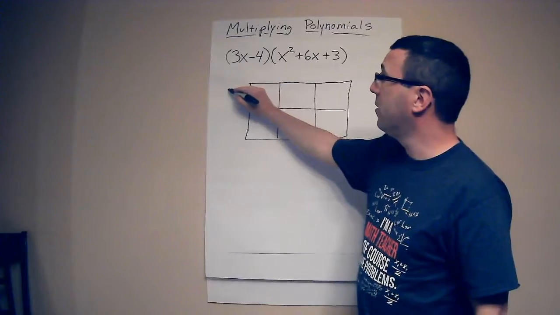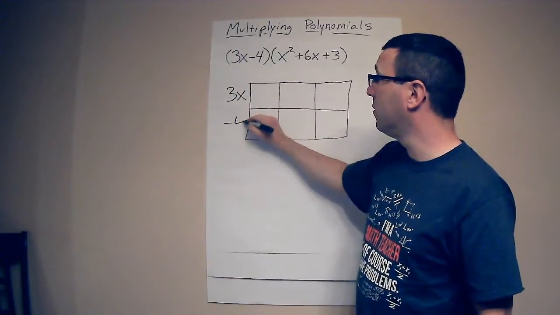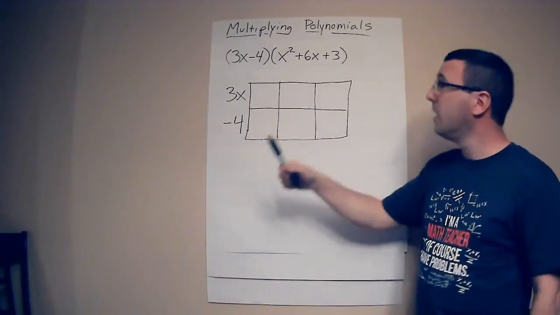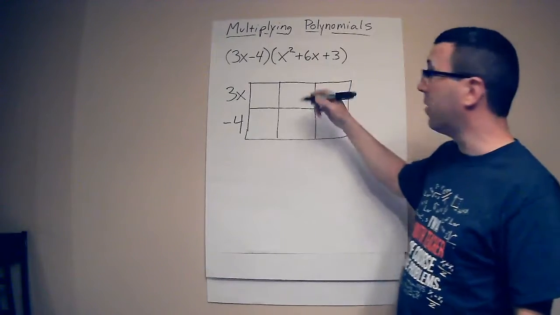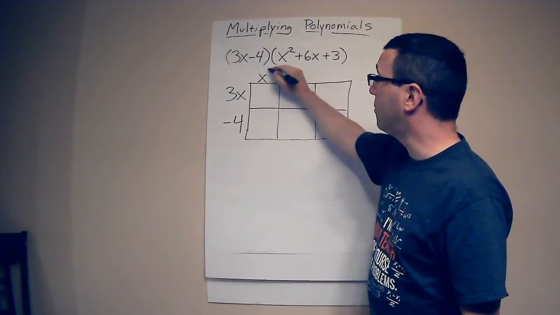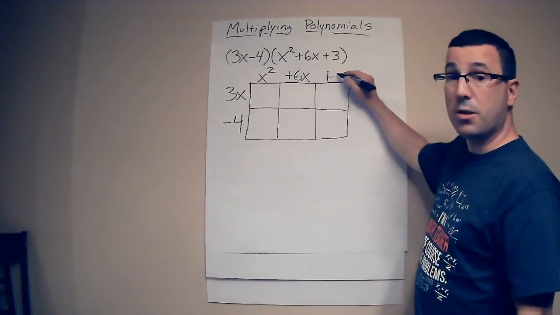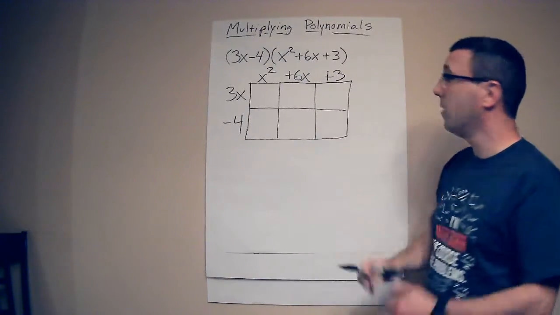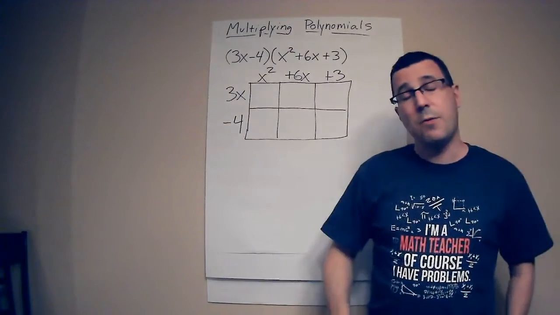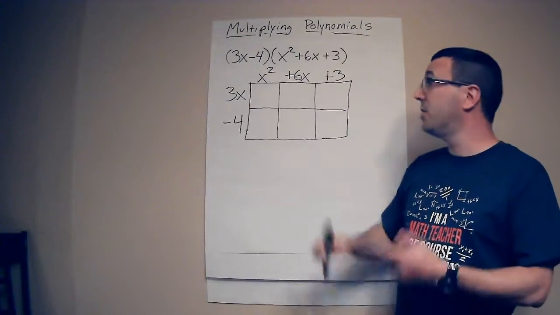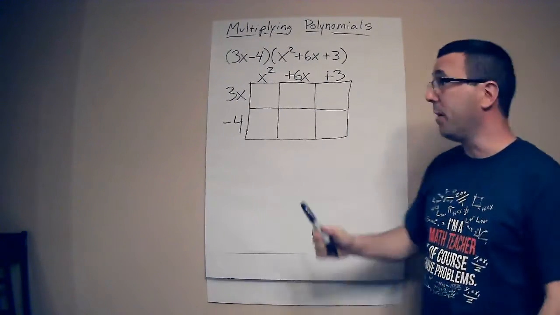I'm going to put 3x minus 4 along my left-hand side, and then I'm going to write x squared plus 6x plus 3 across the top. And I'm going to do the box method just like I did when I was multiplying the binomials. It's just that now one of my polynomials is a trinomial.